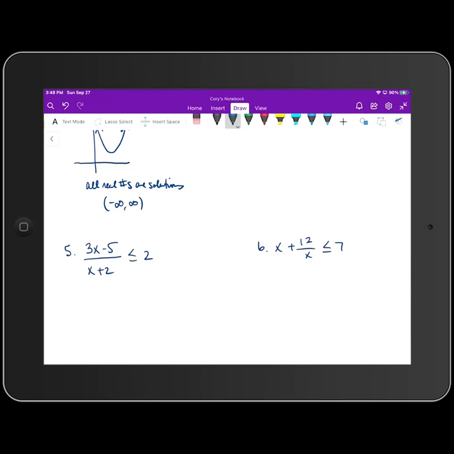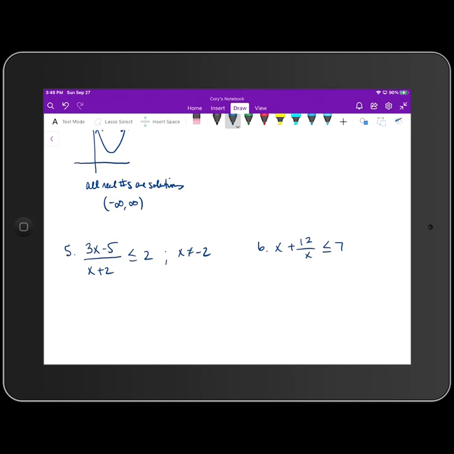Okay, let's move on to the next one. So for 5, we have 3x minus 5 divided by x plus 2 is less than or equal to 2. Okay, step 1, we want to get our domain. So we know x can't be equal to negative 2.